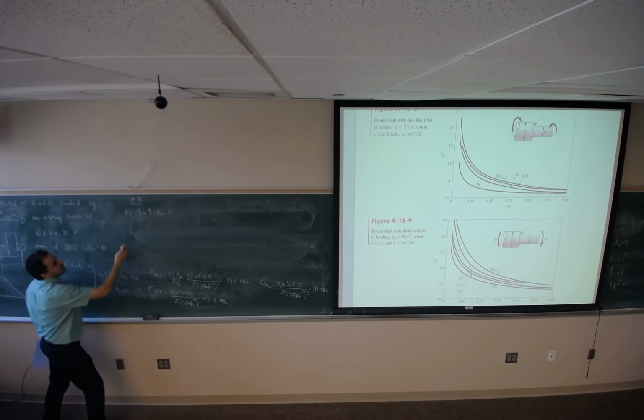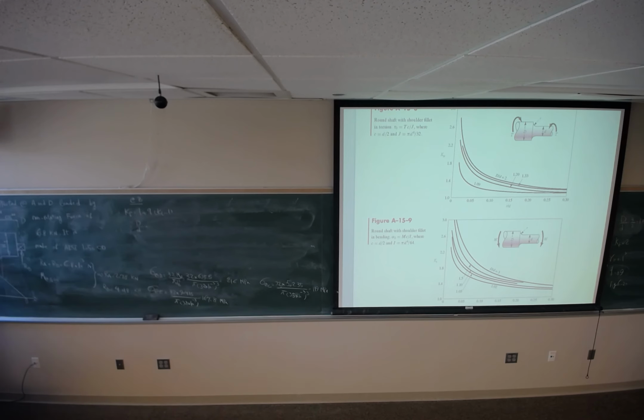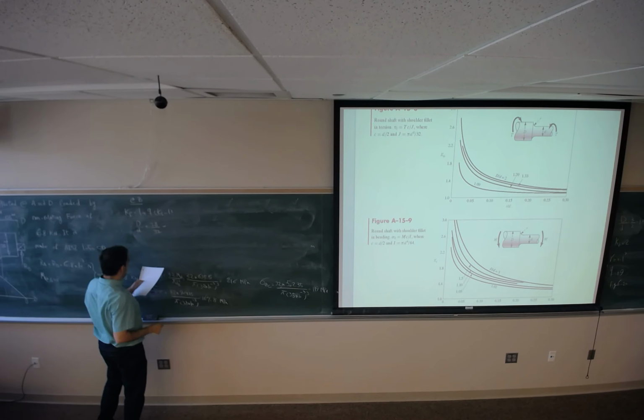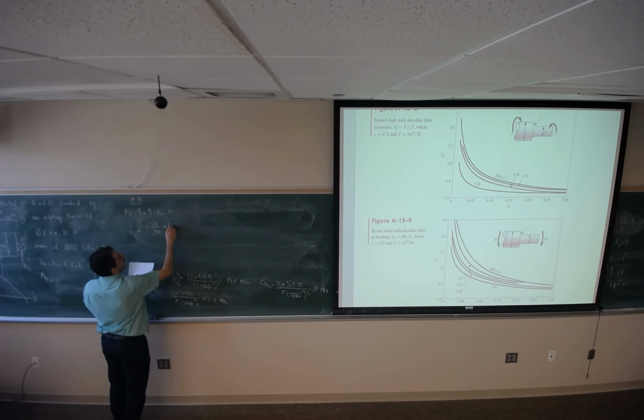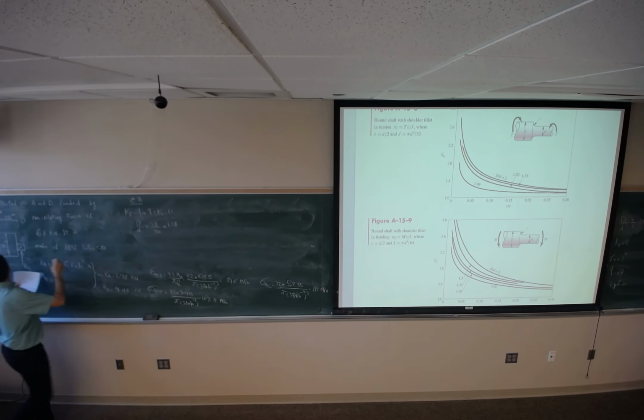For KT, I need to find D over d. D over d is 38 divided by 32, it's 1.118, and this radius is 3 millimeters.